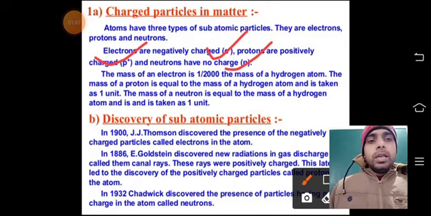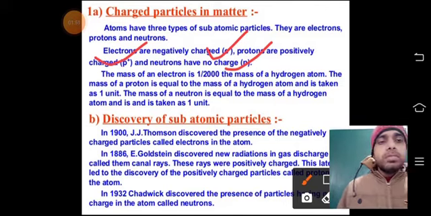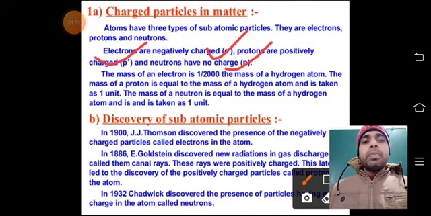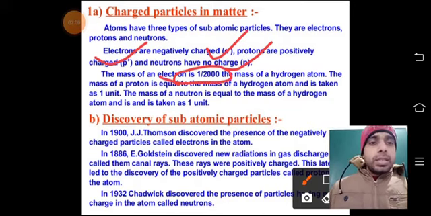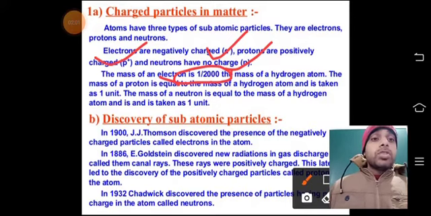But apart from neutron, everyone contains some positive or negative charge. Here we can see the mass of an electron is 1 upon 2000 of the mass of a hydrogen atom.